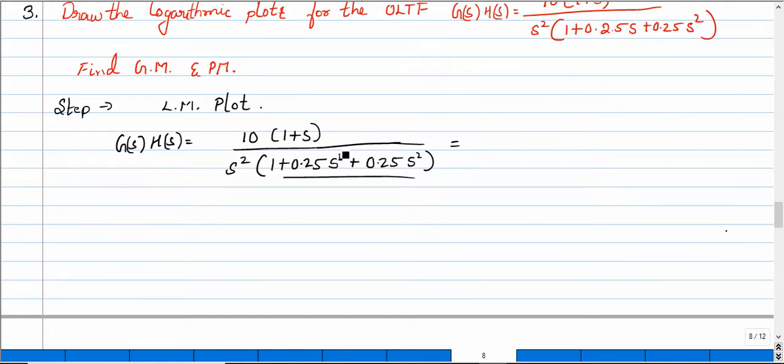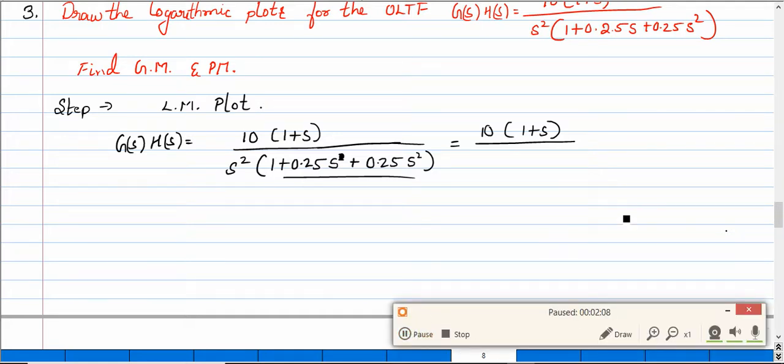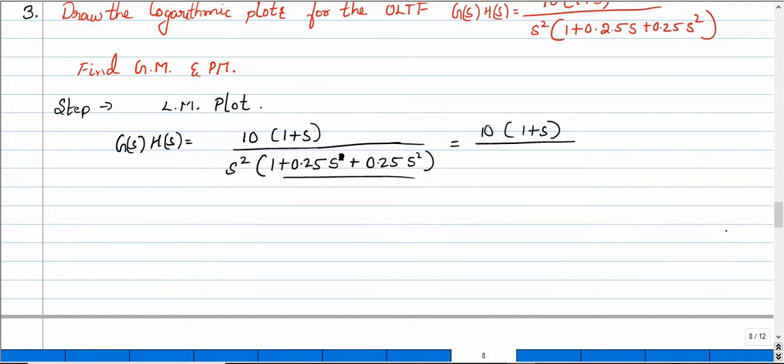So let me rewrite the others, that is 10 multiplied by (1 plus s) divided by s square, again in the standard form. The second order term I need to write in the standard form which I have shown.